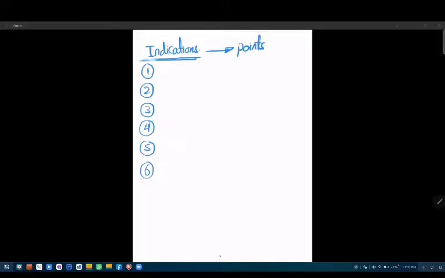The remaining question is usually: what are the indications for a coroner post-mortem examination? Can you guess? Accident. Let's make sure that we have it in points, because we hate paragraphs. No paragraphs.